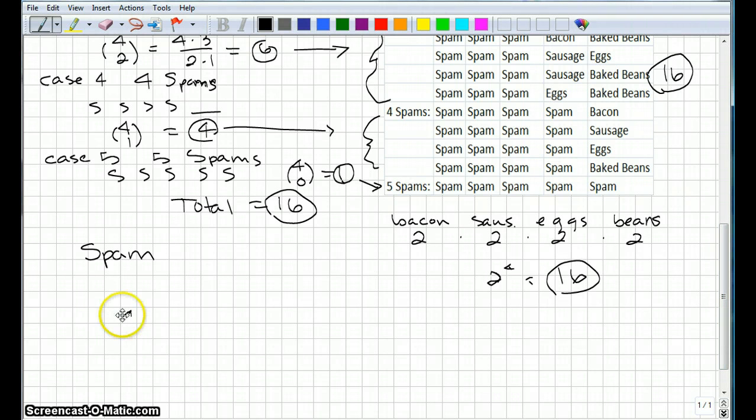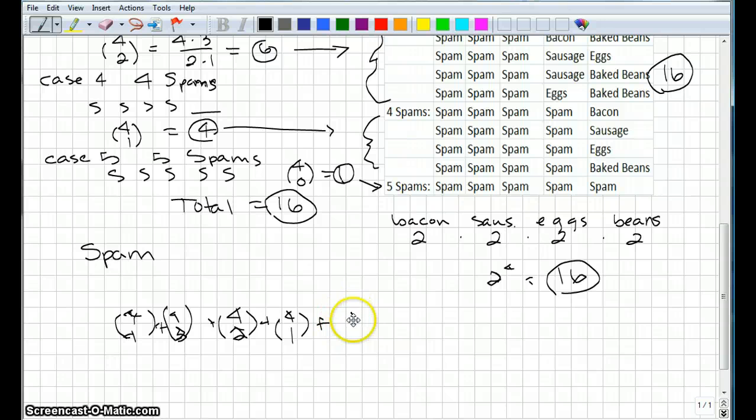We had 4 choose 4, and we had 4 choose 3, plus 4 choose 2 plus 4 choose 1 plus 4 choose 0.